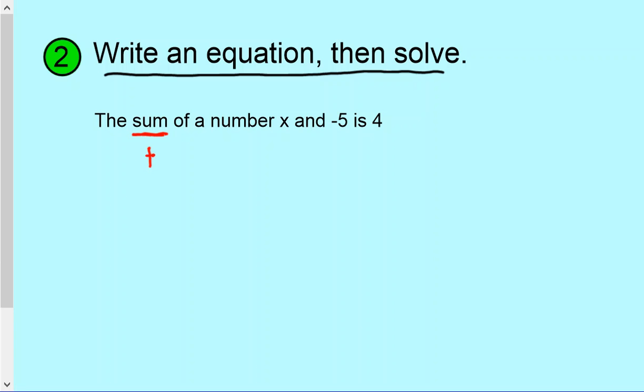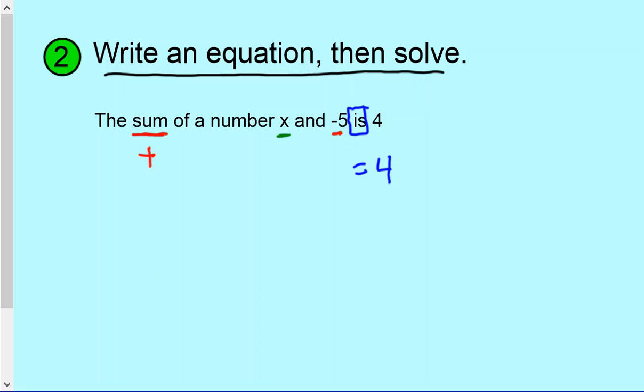They give us the variable, so we're going to use the variable x to write this equation. So we're adding x and negative 5. Is tells us it's like an equal sign.